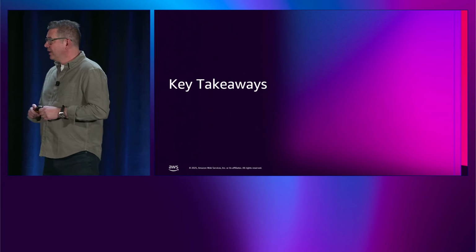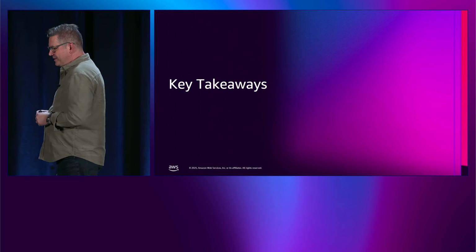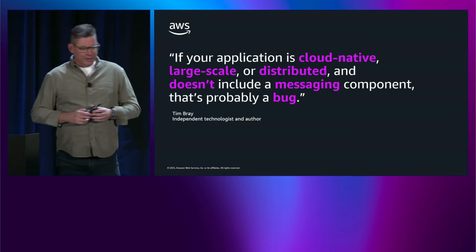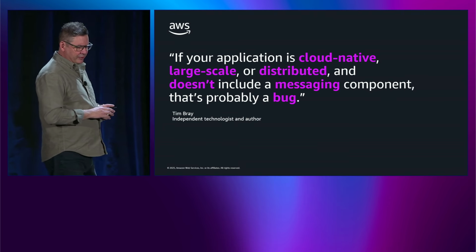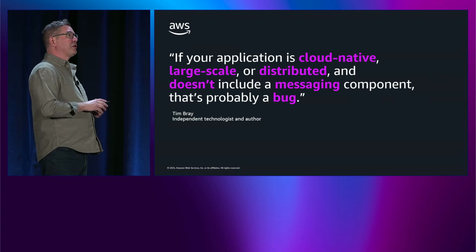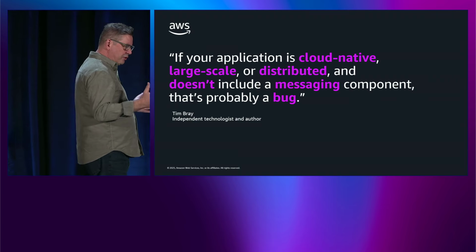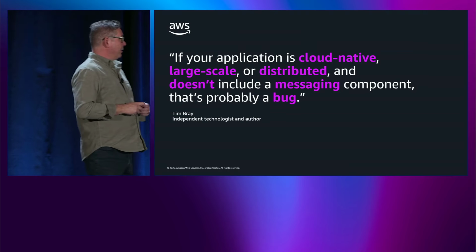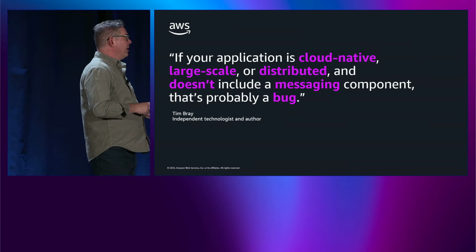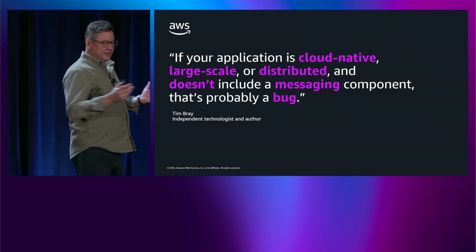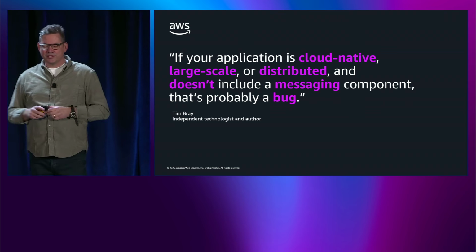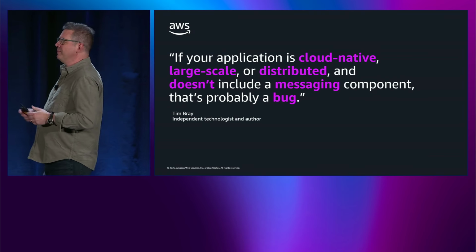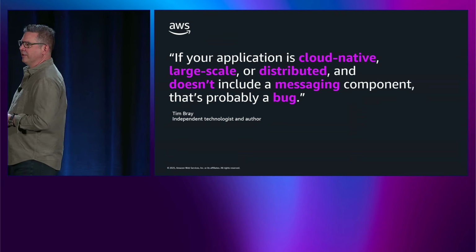All right. So the key takeaways for today's session really are the main things that we started with. Now, this is a quote from Tim Bray, who used to work for AWS and is now an independent technology author. But he's got a popular saying: if your applications are large scale and distributed and don't have any messaging services, it's probably a bug.